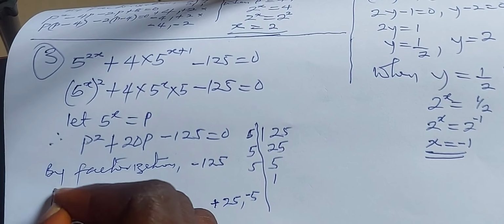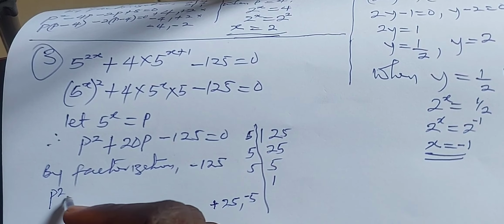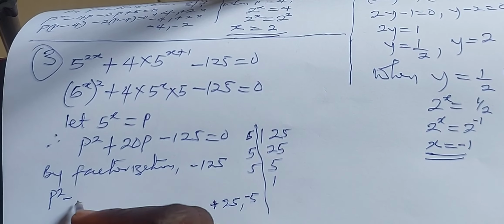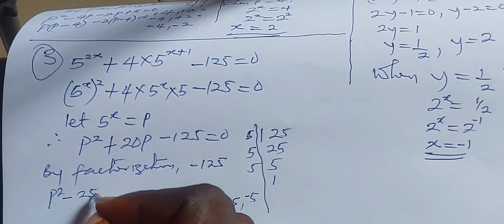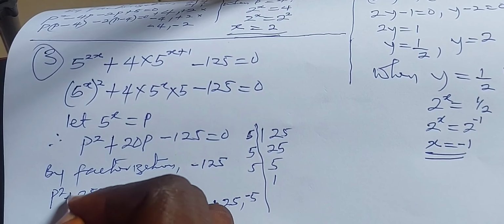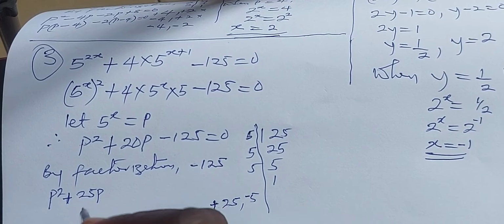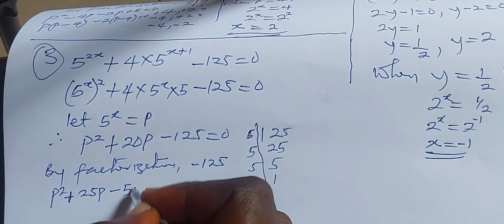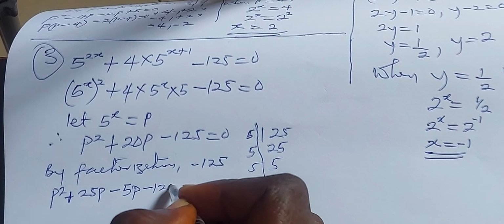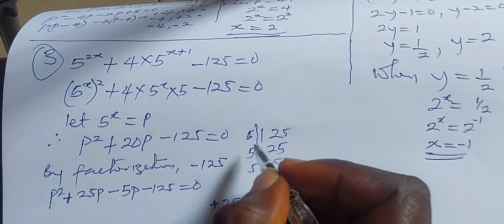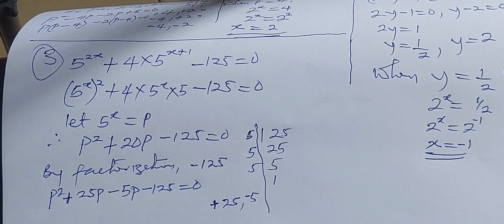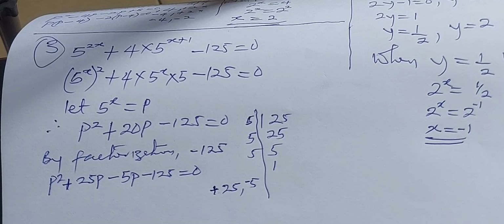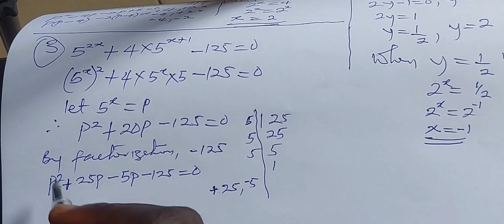So we have p squared plus 25p minus 5p minus 125 equals 0. Don't be confused. This is how to factorize a quadratic expression.